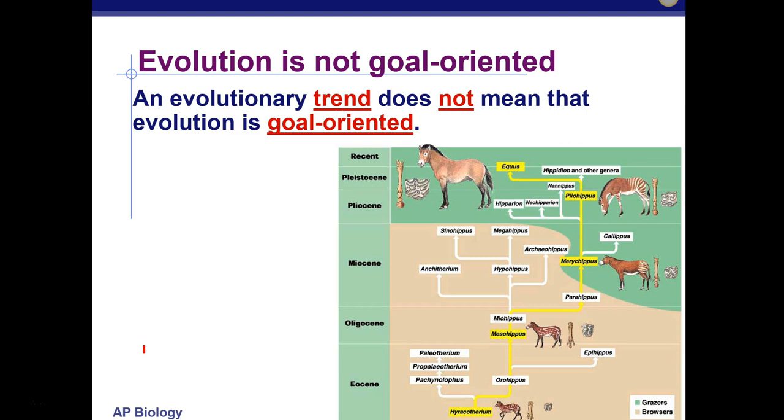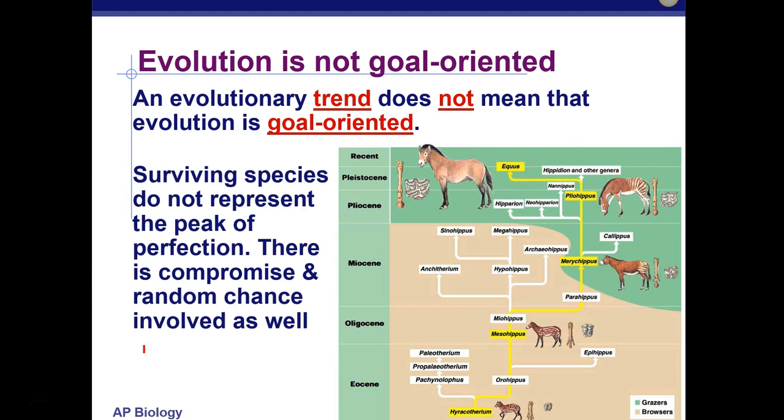I'd love to have my great-great-grandkids have wings and fly. I'd love to get that goal, but evolution doesn't work that way. It's not goal-oriented. It's what works at the time that survives.